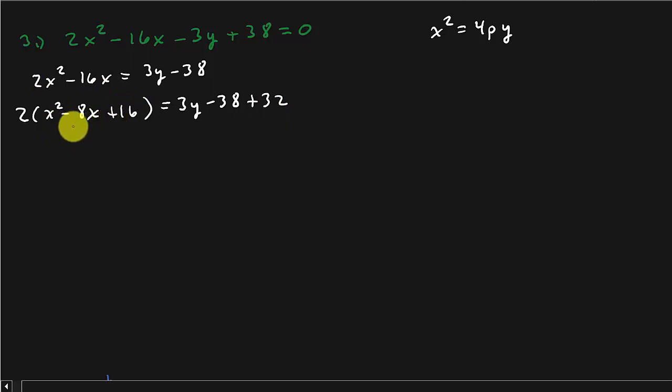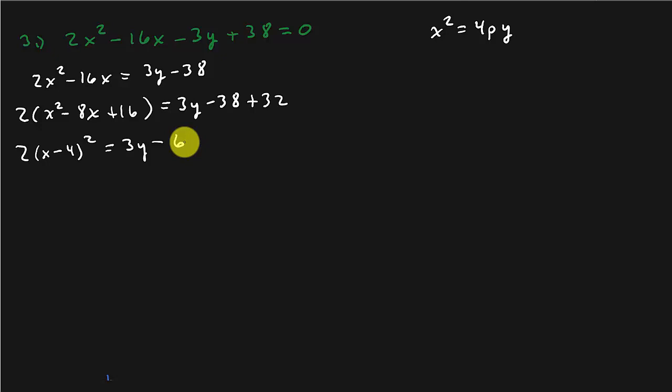And so now this part right here factors. That's going to be 2 times (x minus 4) squared equals 3y minus 6. And it still looks kind of not right. So maybe what we can do here is factor out a 3.